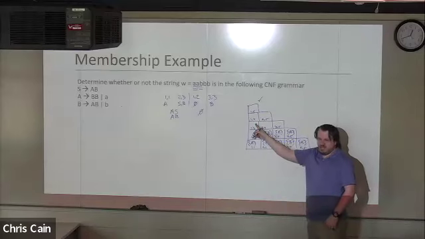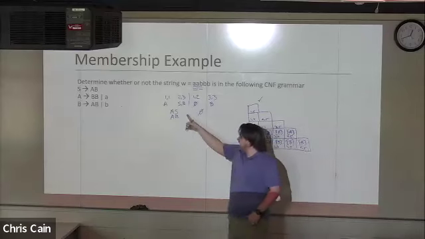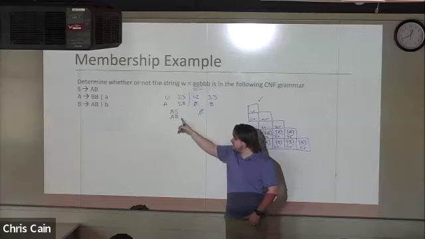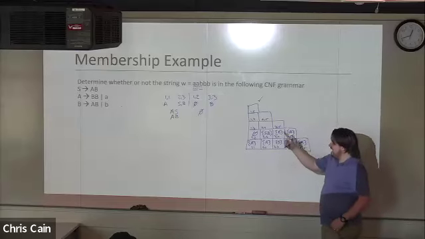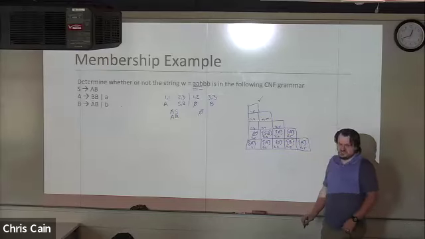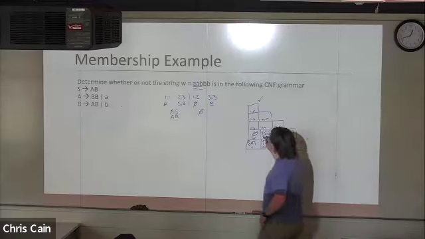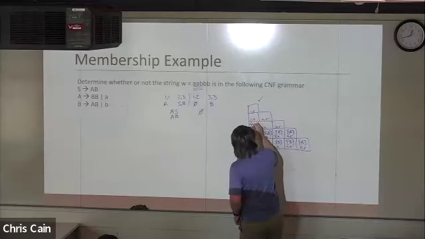So what goes in this block are all such AS or AB productions in the right-hand side. And we see that both S and B can produce AB. So what goes here is S and B.